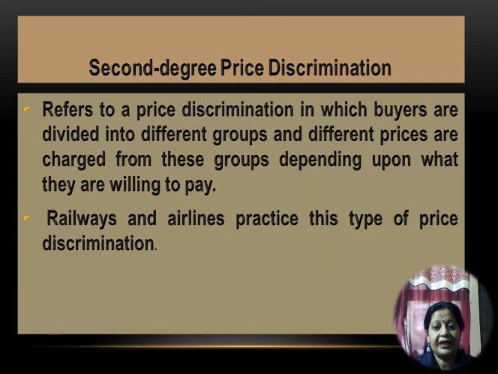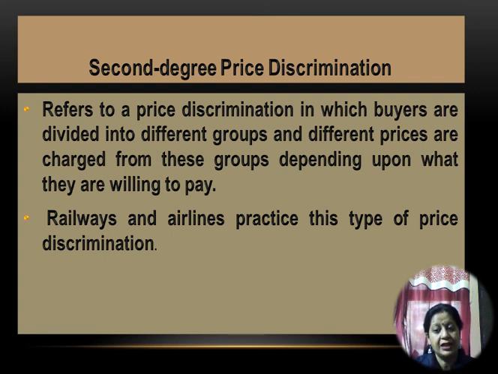Second degree price discrimination. It refers to a price discrimination in which buyers are divided into different groups and different prices are charged from these groups depending upon what they are willing to pay. Yes, when the purchasing of the commodity is done by the buyers on the basis of the group.